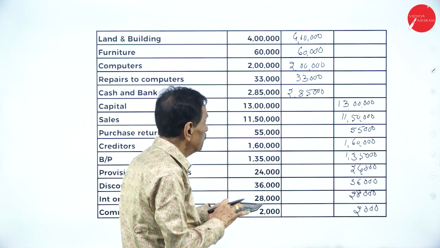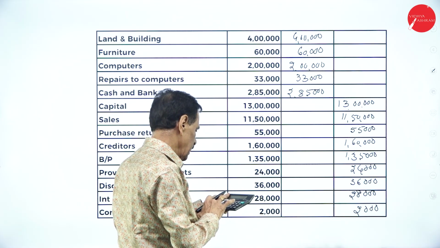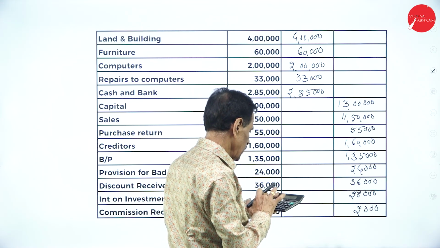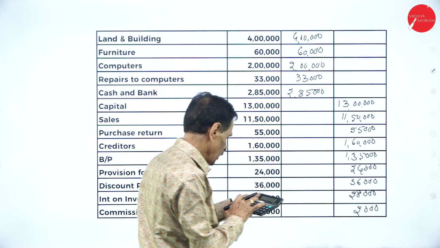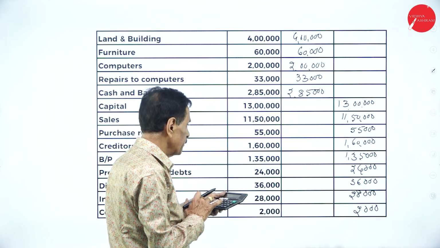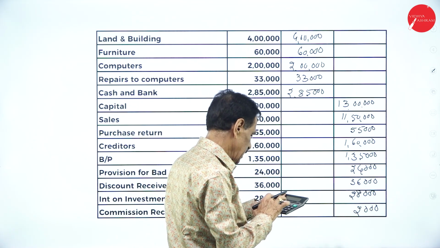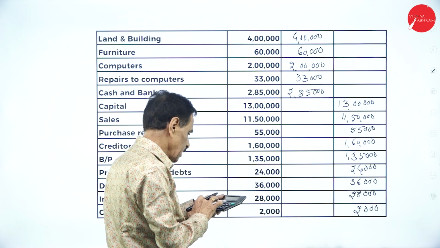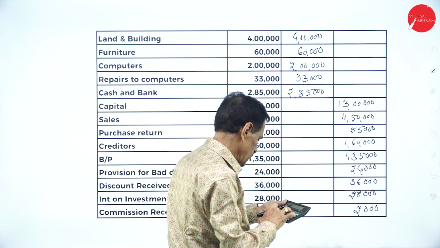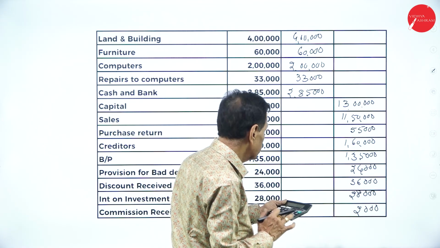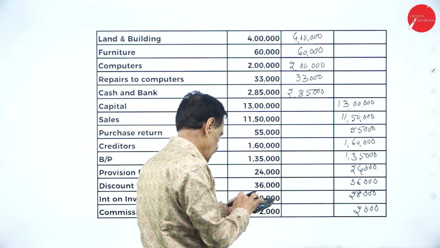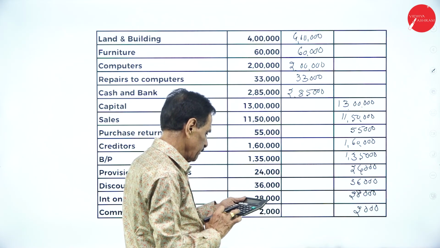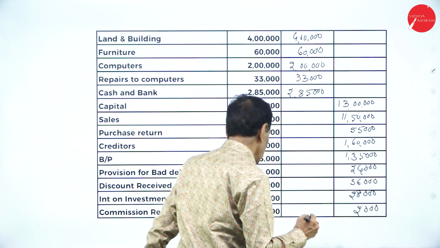13 lakh plus 11,50,000 plus 55,000 plus 1,60,000 plus 1,35,000 plus 24,000 plus 36,000 plus 28,000 plus 2,000. 28,90,000.